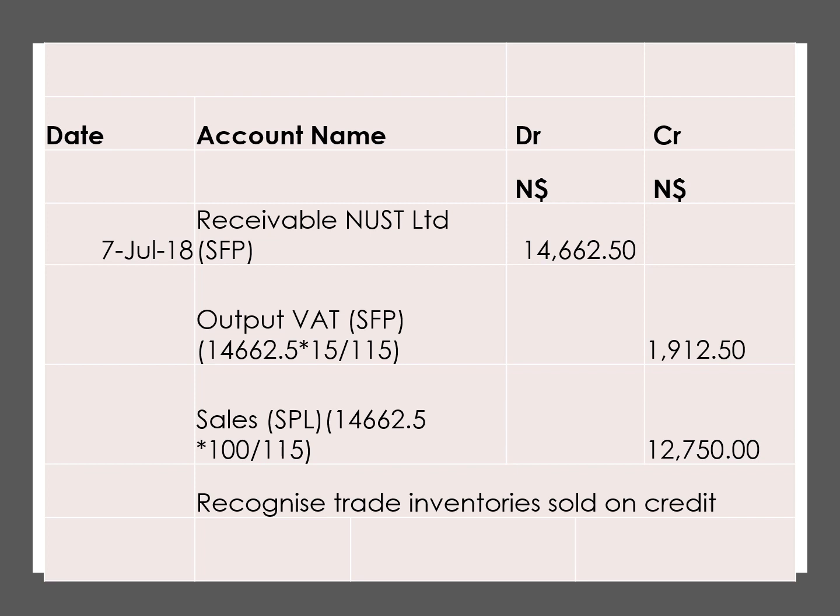We credit output VAT because this is VAT on sales, as well as because output VAT is a liability. Finally, we credit sales with an amount of 12,750. The journal narration is: recognize trade inventories sold on credit.